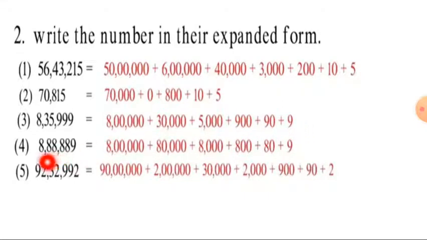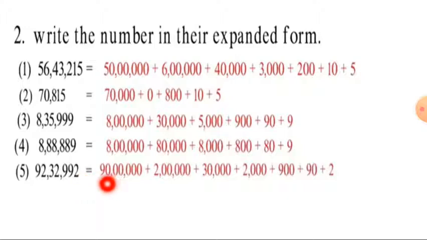Now the next sum, fourth sum, copy the sum, students. 8,88,889. So how will we expand? 8 lakh plus 80,000 plus 8,000 plus 800 plus 80 plus 9. Now the next sum, fifth sum, 92,32,992.